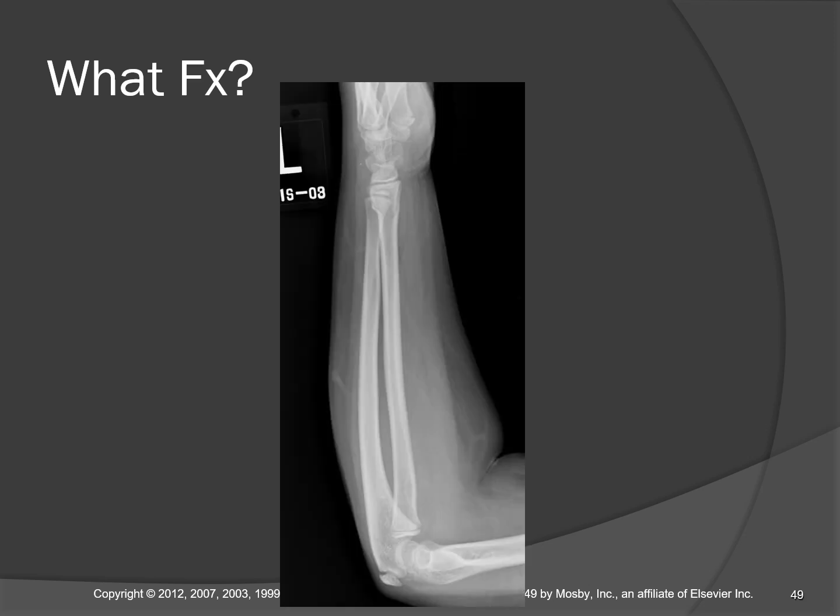Okay. And then what fracture do we have here? You're going to find the fracture in the distal radius. This is called a torus or a buckle fracture. You see, it looks like the bone is growing a pimple, superimposed with the distal ulna right there. See that little bump or bubble?